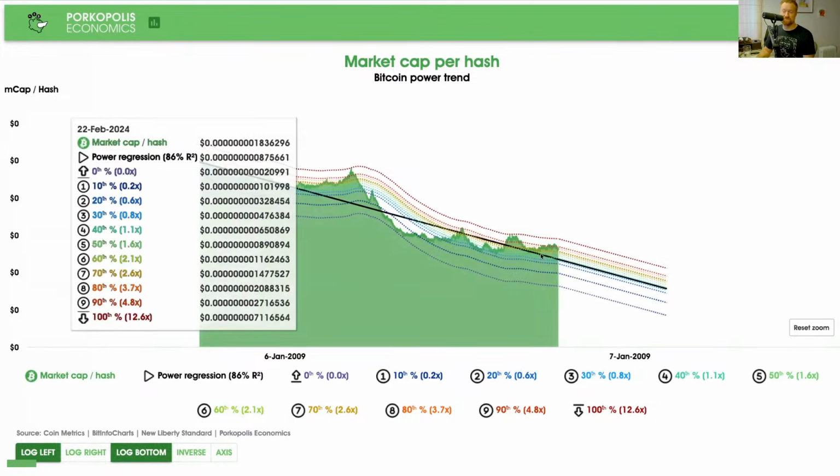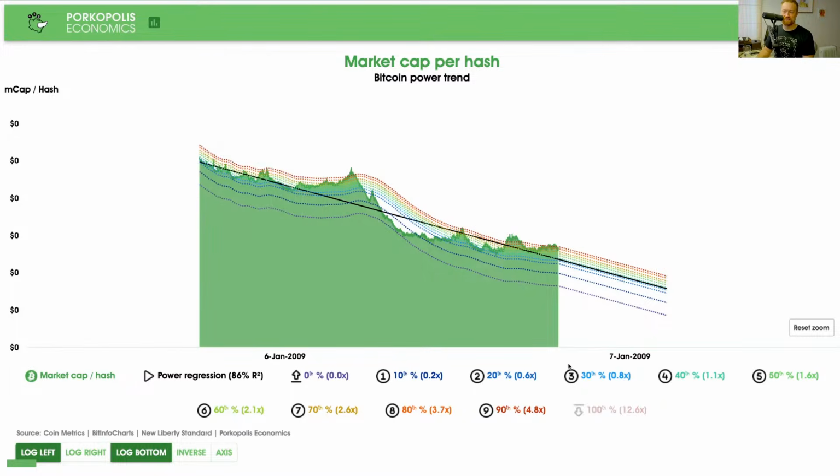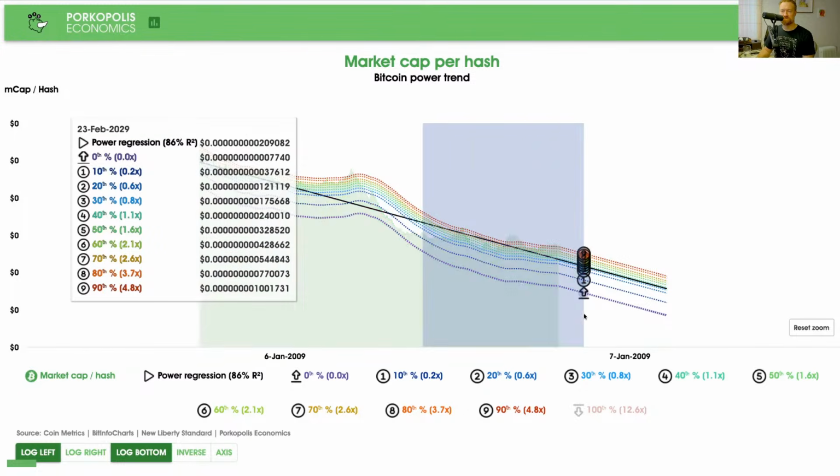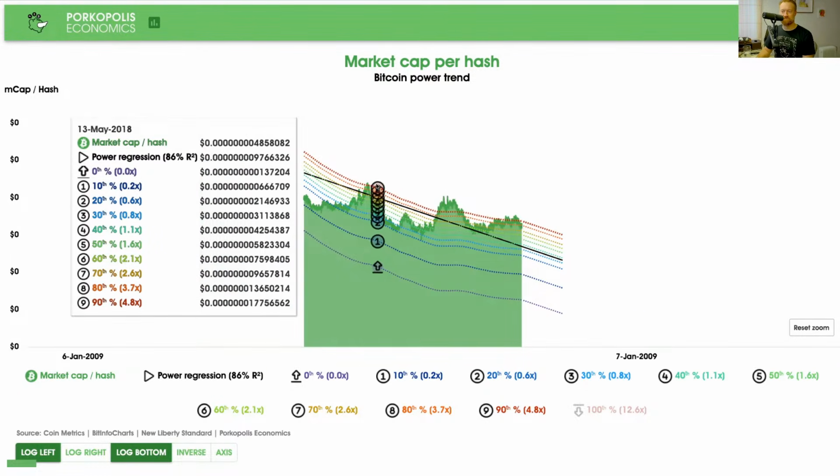And we actually are, you know, quote unquote overvalued relative to the hash rate, which typically is a signal of, I know this is a bad log log chart, but it is log log, and you can see just like 2021. So we've been here. Just like 2017, so we've been here.